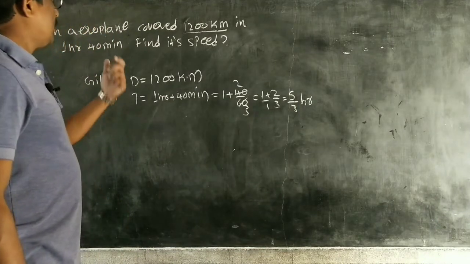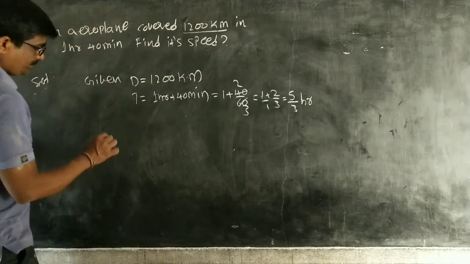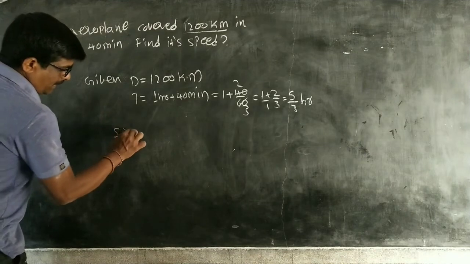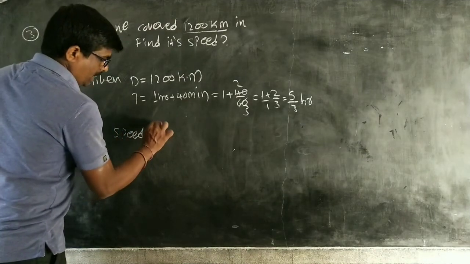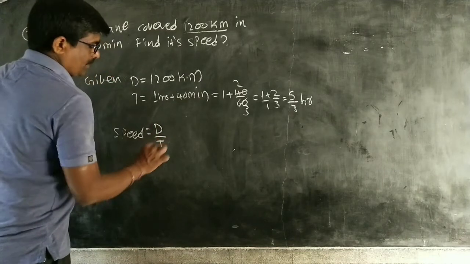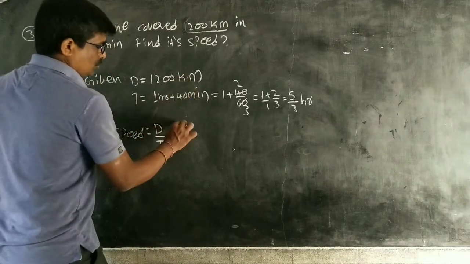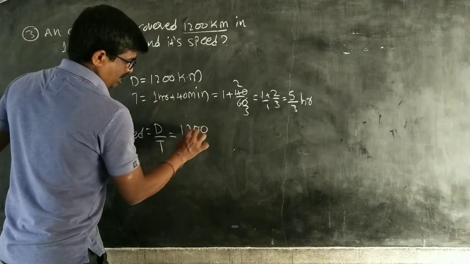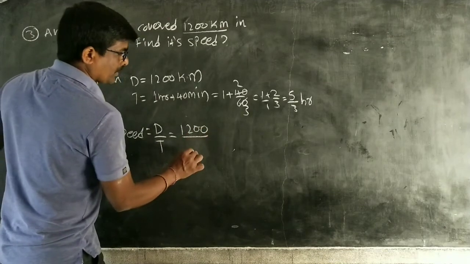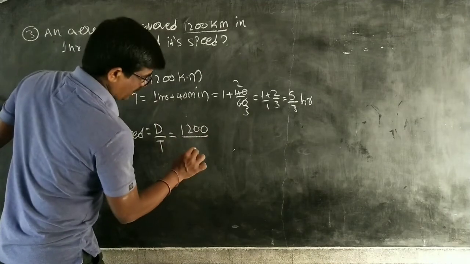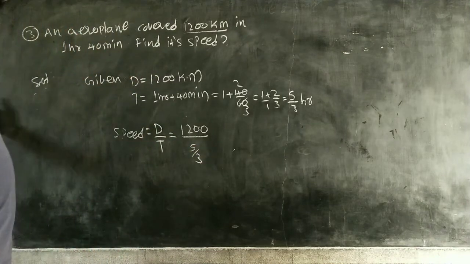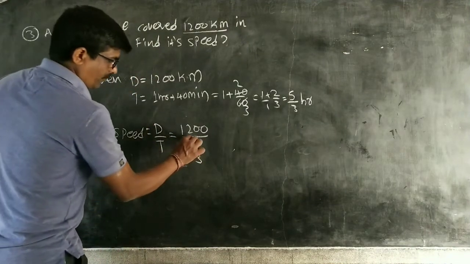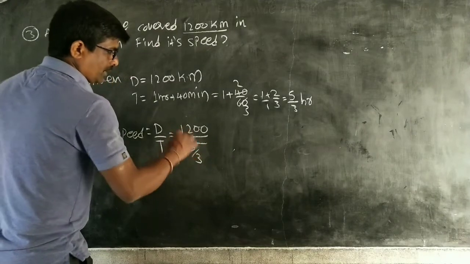What we have to find? We have to find speed. Speed is equal to distance d by time t. How much distance? 1200 kilometers by time 5 by 3. Dividing by a fraction, we rotate the fraction.